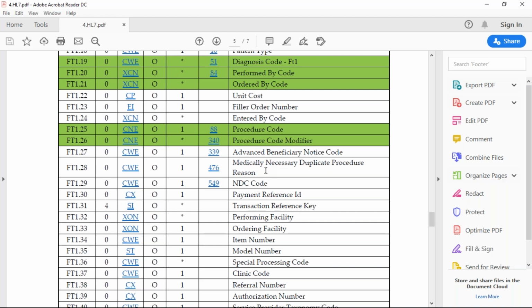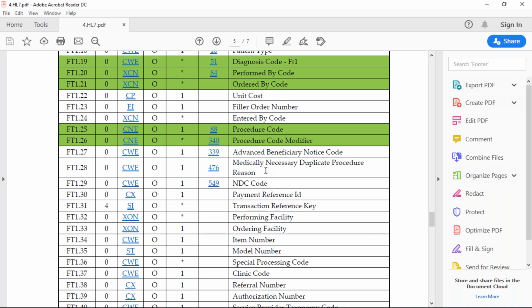Similarly, if some operation is being performed on the right side lung, then FT126 will modify the actual procedure stating lung operation, and FT126 will have the right or left information.